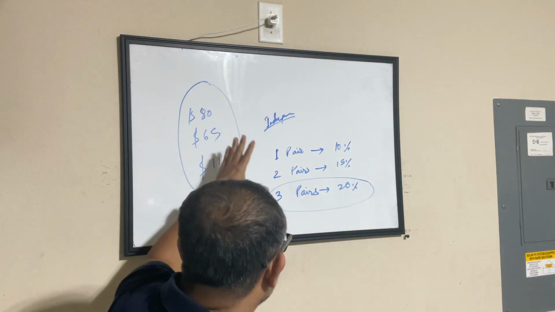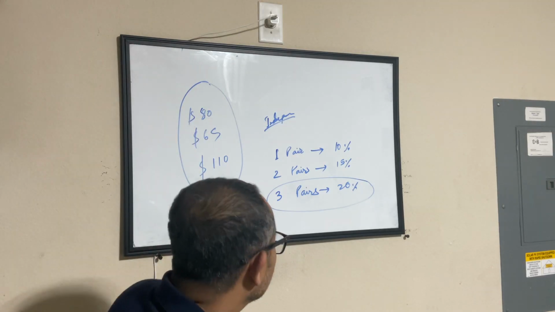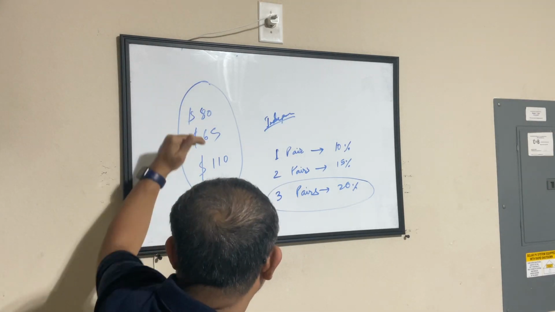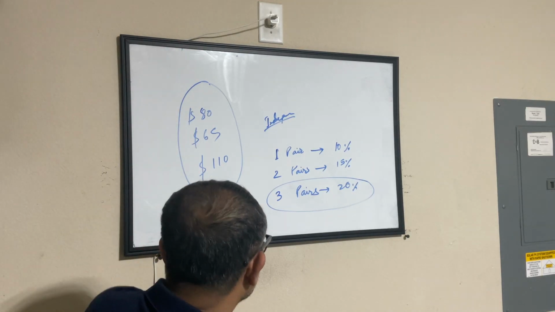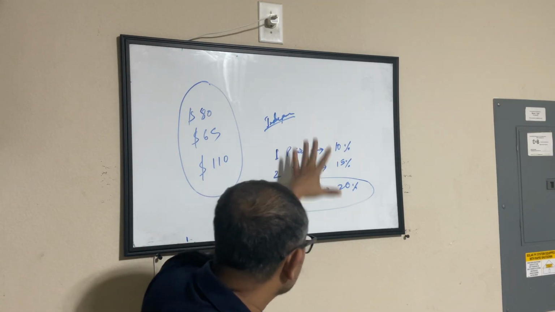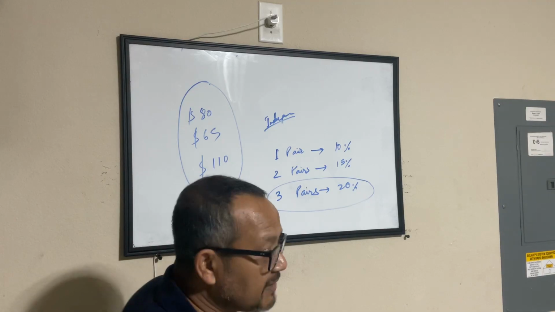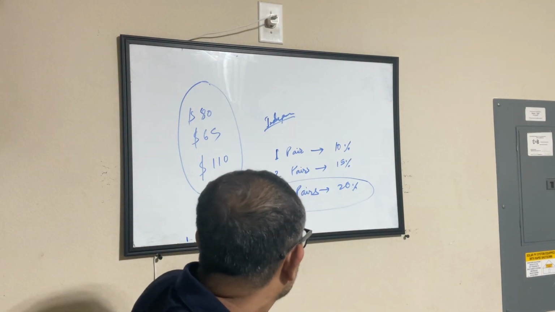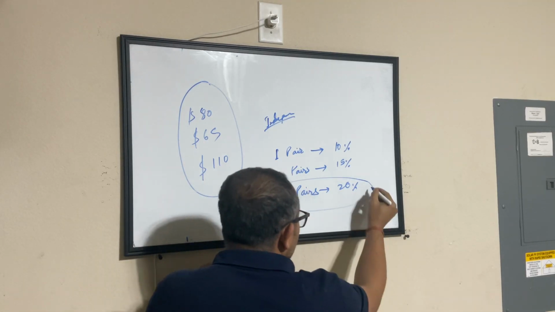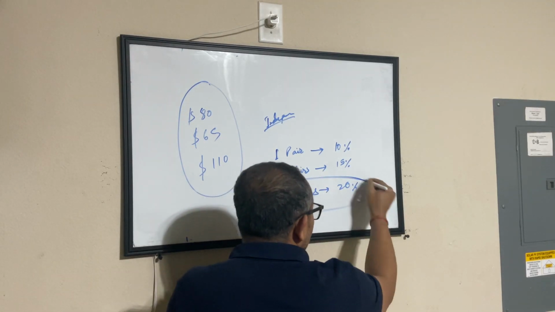And then I went on buying 3 pairs of shoes, which were priced at $80, $65 and $110. I'm trying to find out, with this kind of deal going on, how much I have to pay for getting the 3 pairs. The condition that applies here is, if you're buying 3 pairs, you get 20% discount.